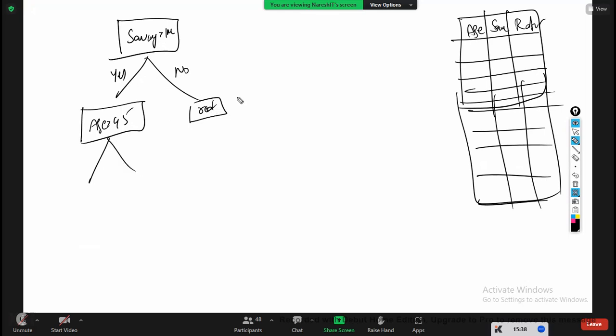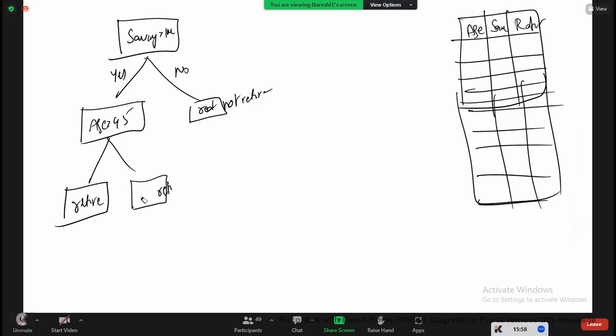Red class means not retire. Age greater than 45 means retire. And this one is don't retire.